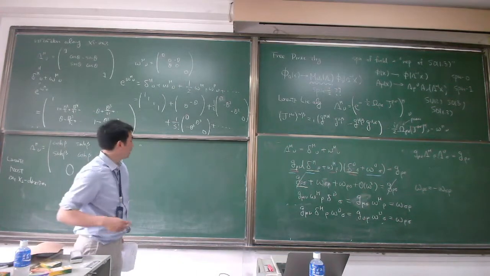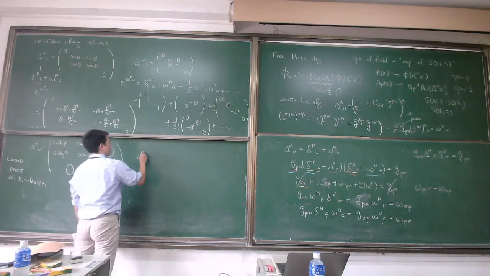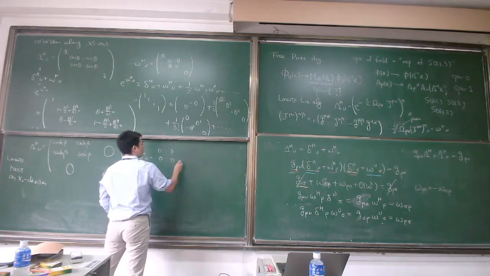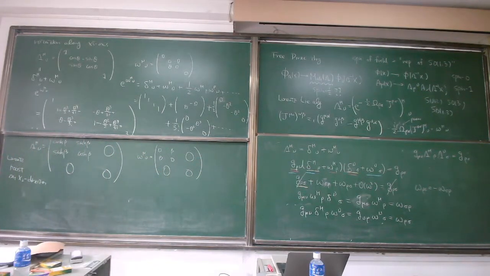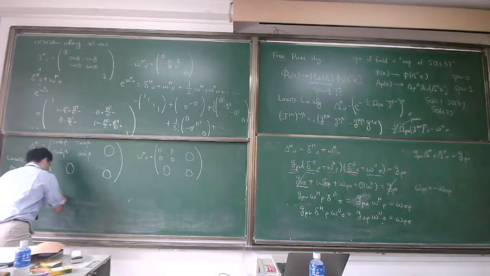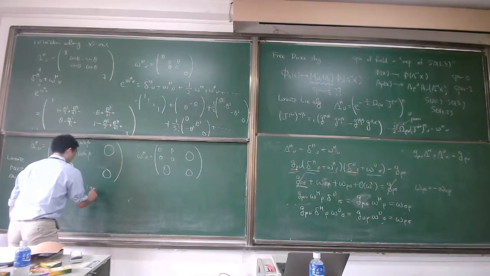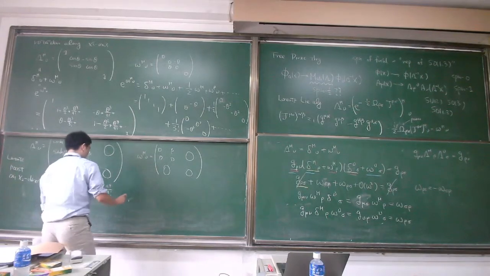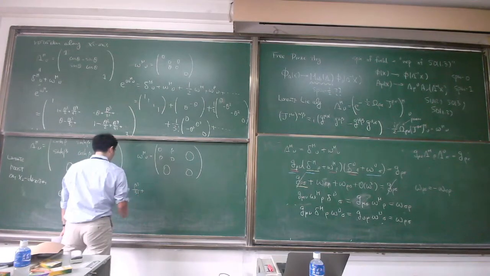And then, as you can easily imagine, omega mu nu, you should take the zero, beta, beta, zero, and big O, like this. Okay. Then do the same thing. E to the omega mu nu is equal to, just giving you the Taylor expansion, 1 plus beta squared over 2 plus beta to the 4th over 4 factorial. And here you have beta plus beta cubed over 3 factorial plus dot dot dot.